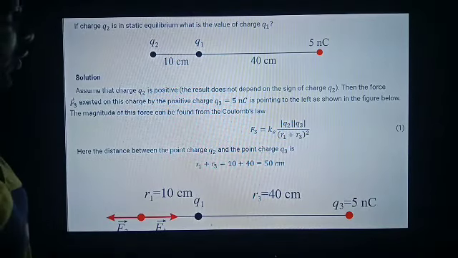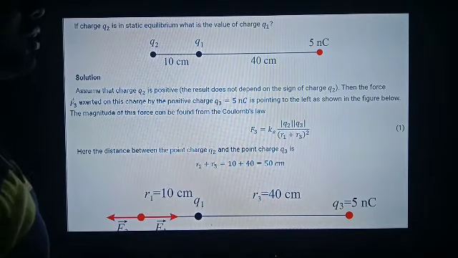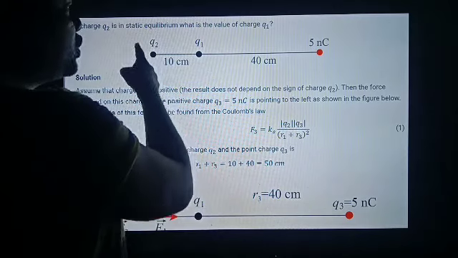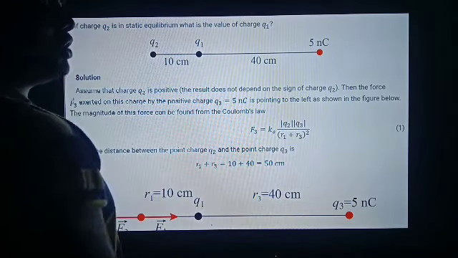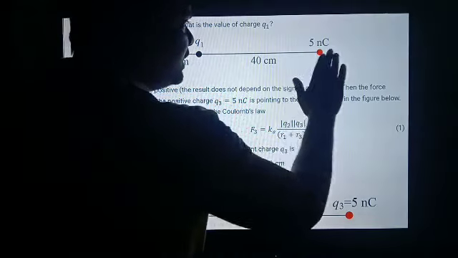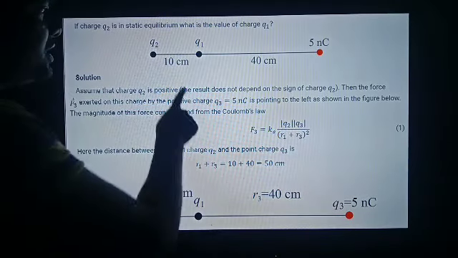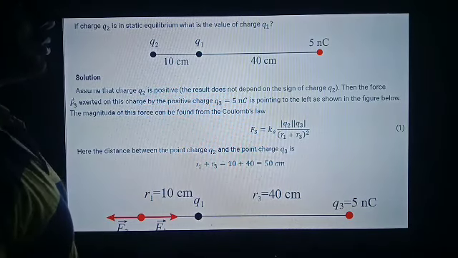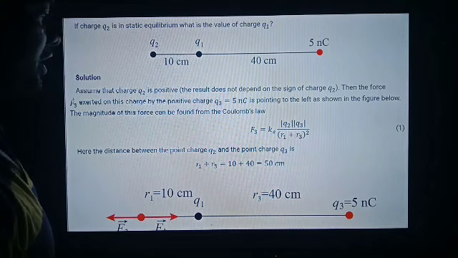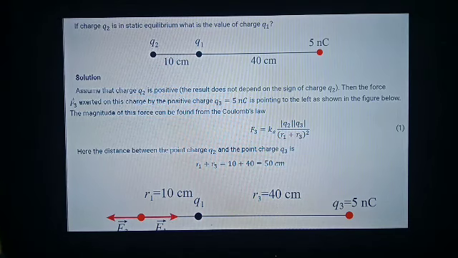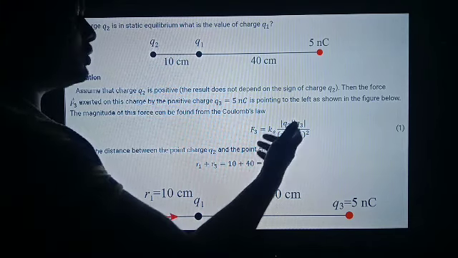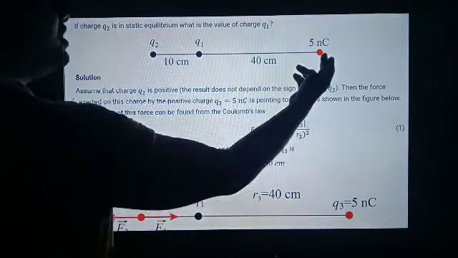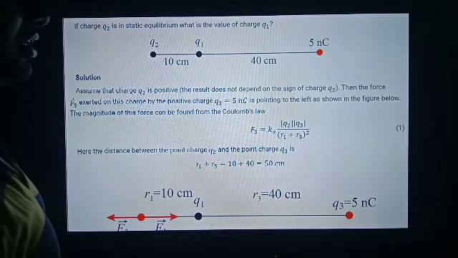The magnitude of this force can be found from Coulomb's law. F3 is K mod Q2, mod Q3 upon the total distance. Let this be R1 and this be R2, so the total distance will be R1 plus R2 whole square. Now the distance between the point charge Q2 and point charge Q3, R1 plus R3, is equal to 10 plus 40, that is 50 centimeter.